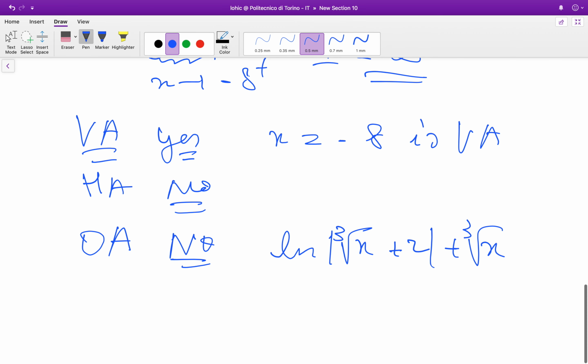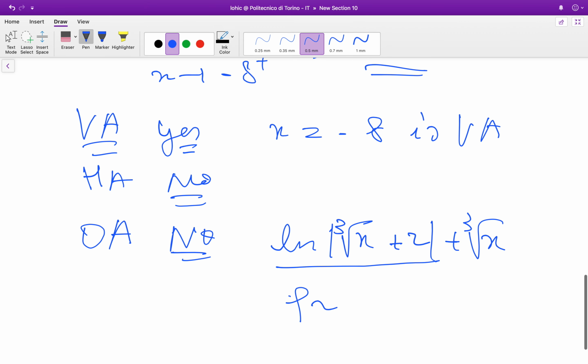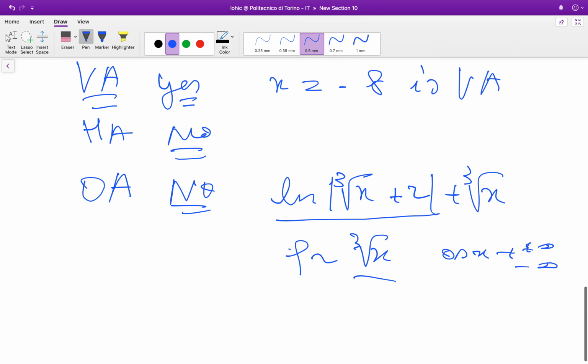Please note that the logarithm is not so powerful. So the principal part of the function, we can say that f of x is equivalent just to the cubic root of x as x tends to +infinity or -infinity. But the cubic root of x is not a line. So when the function is not equivalent to a line when x tends to infinity, this function doesn't have an oblique asymptote, so it's useless to check. You will not find it.